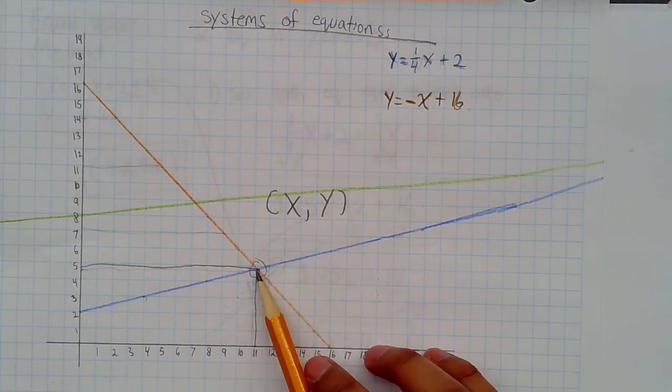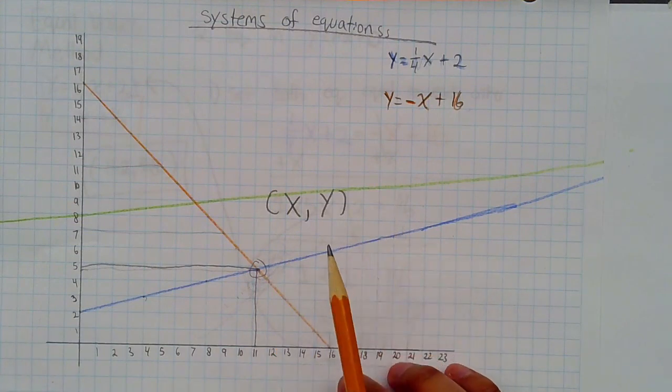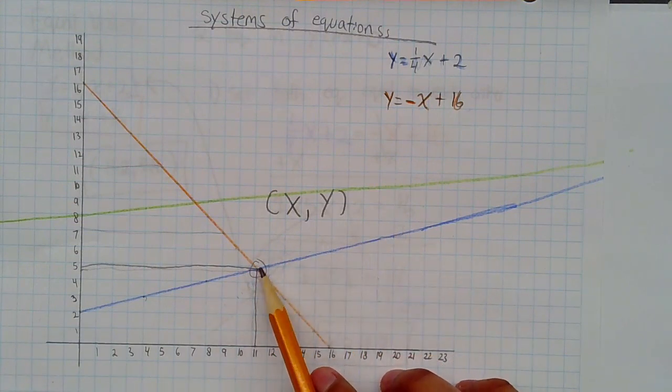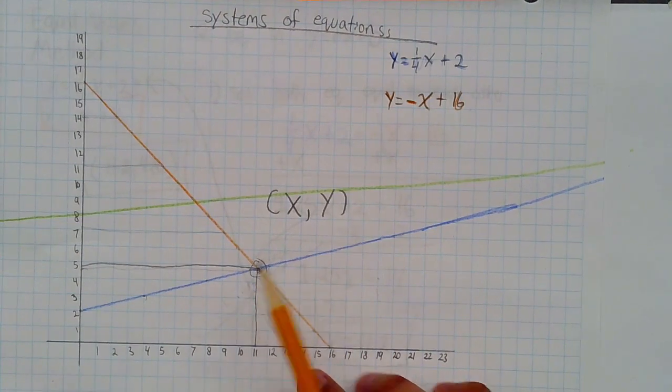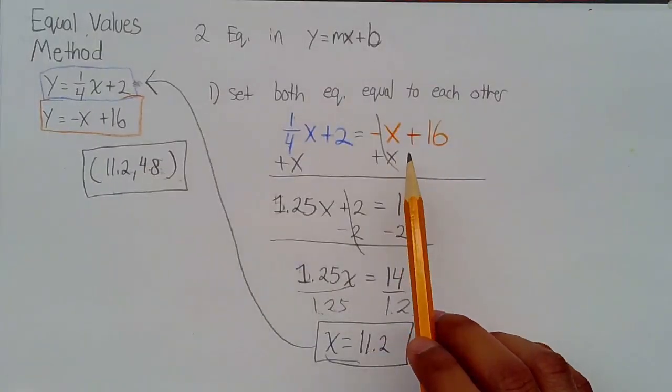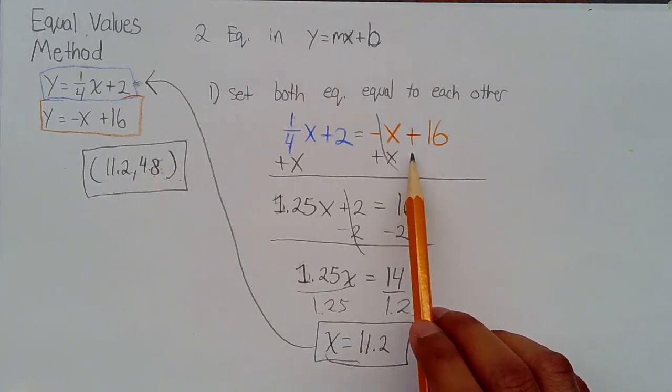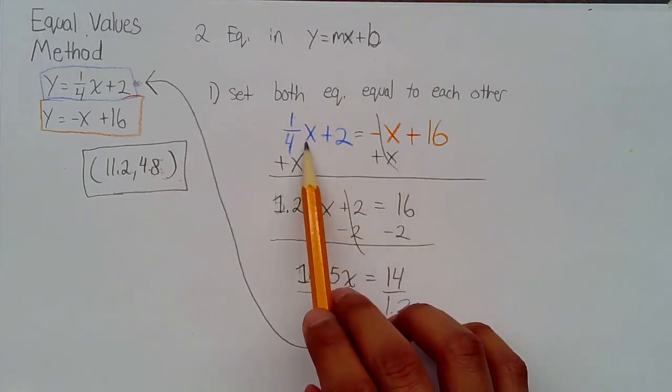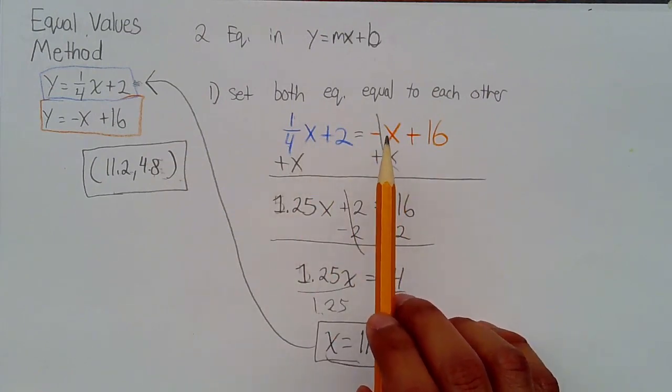But what we've gone ahead and done using the equal values method is we have turned this complex two-dimensional problem of where these two lines intersect anywhere on this piece of paper, and we have decomposed it into a two-step, one-variable problem. Check it out. I mean, look at this equation we even have over here in color.